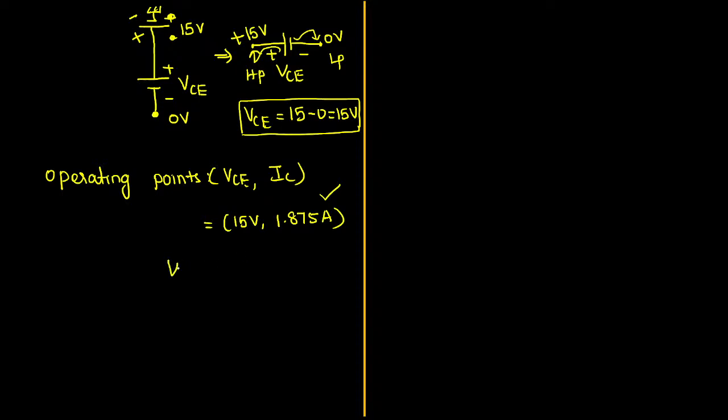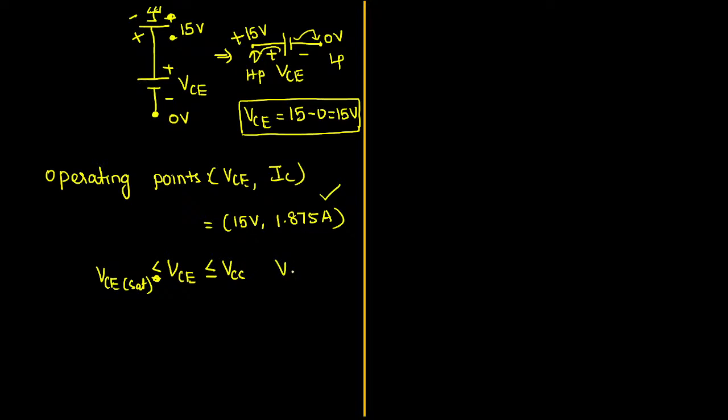If you observe, the value of collector to emitter voltage should be greater than VCE SAT. It should not be equal to VCE SAT. But this VCE, you have to remember, should be less than or equal to VCC.